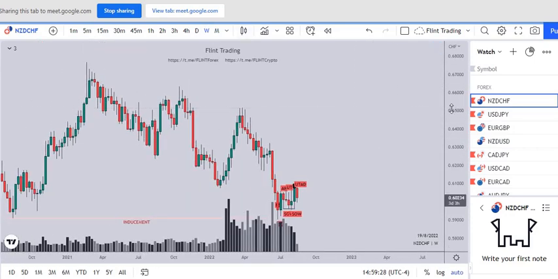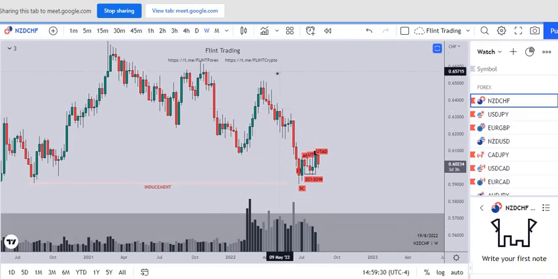So this break of structure downside: structure wise we are downside, momentum wise we are downside, and we have equal lows right there, an inducement for early buyers.